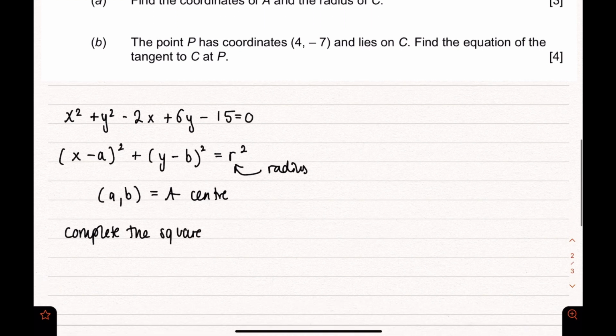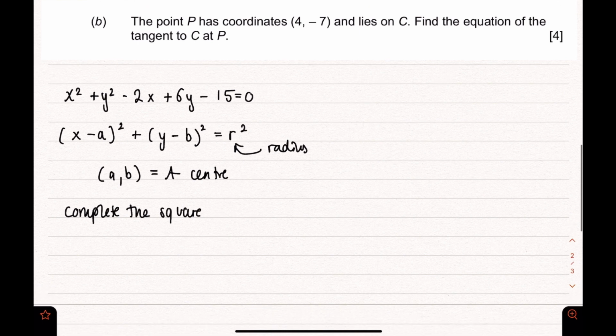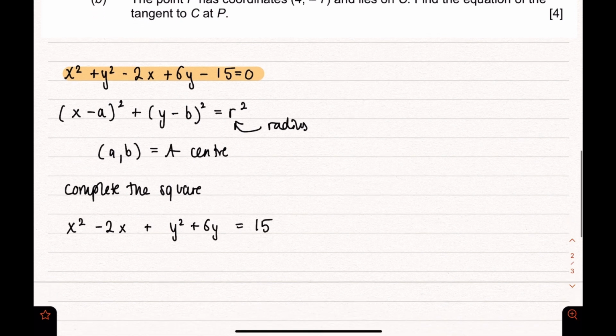So let's first begin by grouping the x's and the y's together. So let's group x squared minus 2x together and y squared plus 6y together, which is equal to 15.